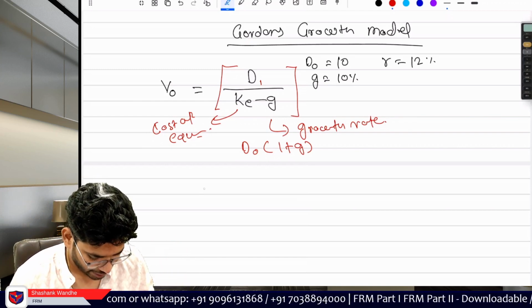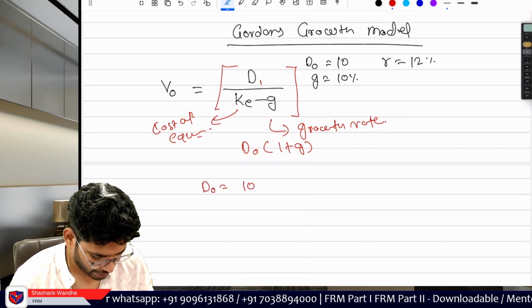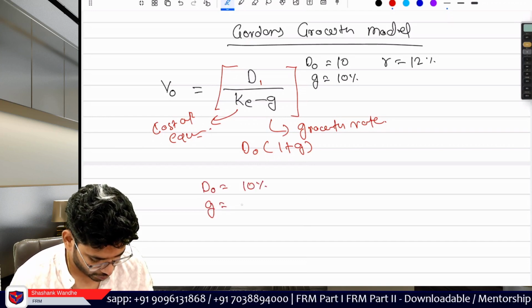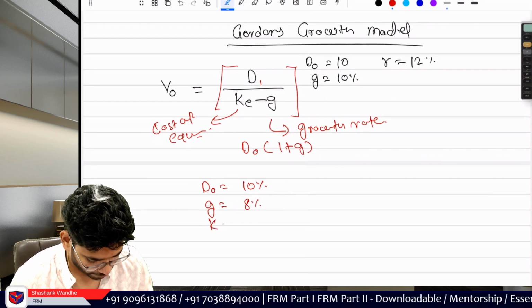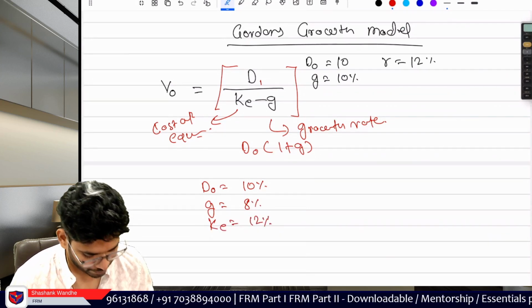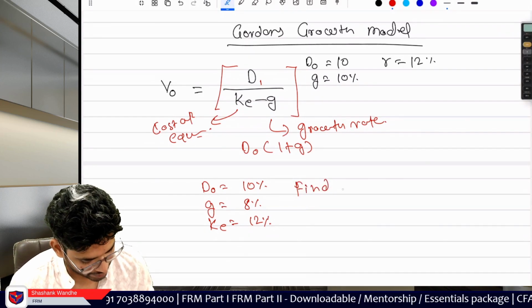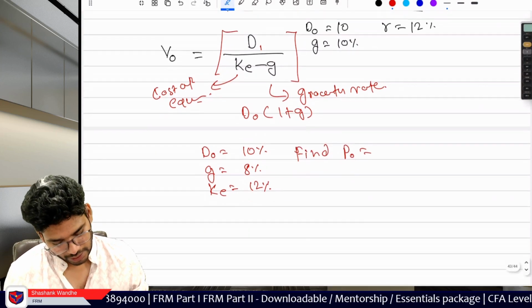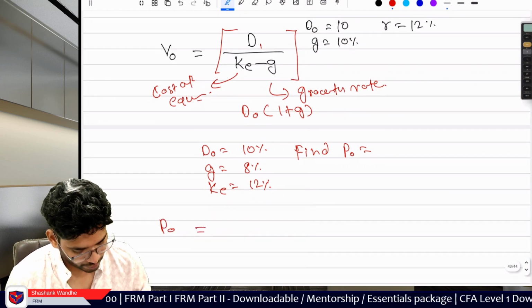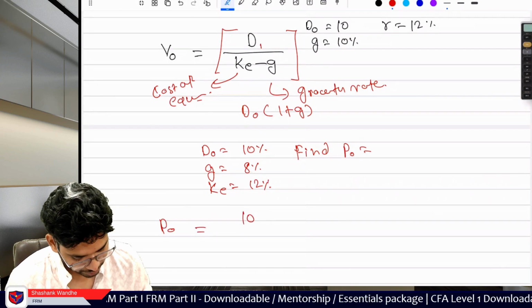Now once you know this, it is very simple, right? So let's say the dividend is equal to 10, growth is equal to 8%, and cost of equity is equal to 12%. Now you have to do the calculation. Find price P0. So P0 is equal to dividend, 10.